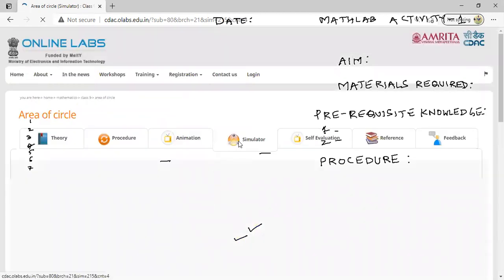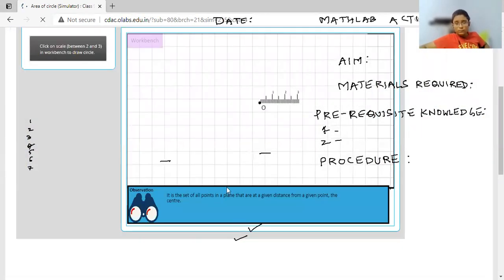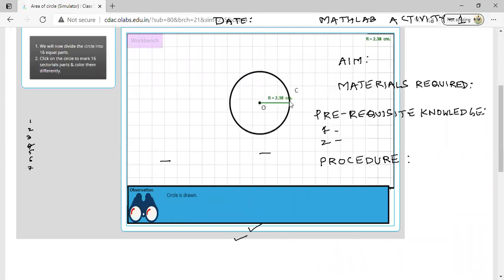When you do this, you will see your radius, whatever you get, more than 2 centimeters, 0.38. Wherever we have written the procedure, here is the first part, the radius. We will take radius here. Suppose I have taken 2.38. You will write 2.38 centimeters and other points as it is.